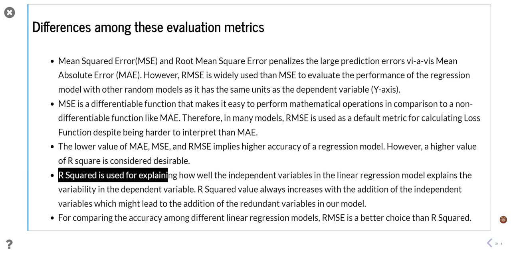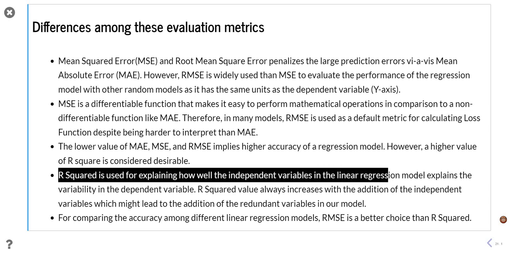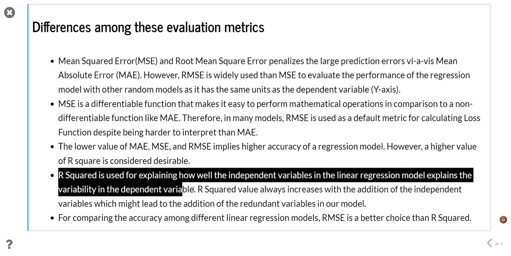R squared is used to explain how well the independent variables in the linear regression model explain the variability in the dependent variable. The dependent variable is the target that we want to predict, and we want to see how much the independent variables in the linear regression affect the dependent variable.